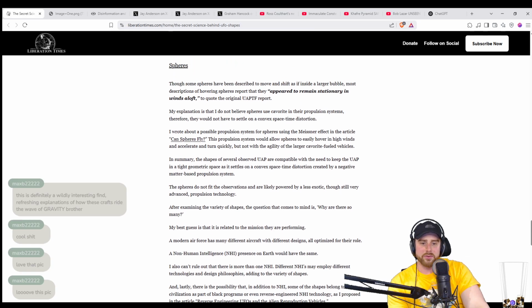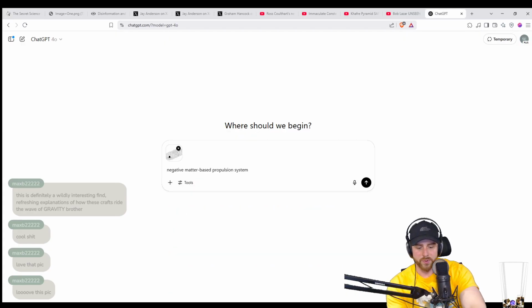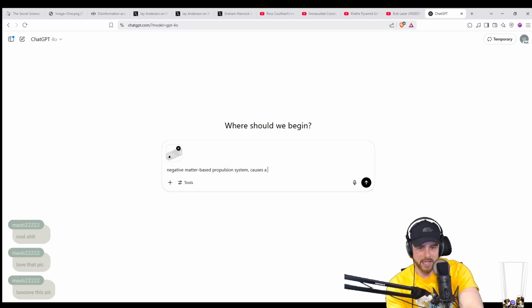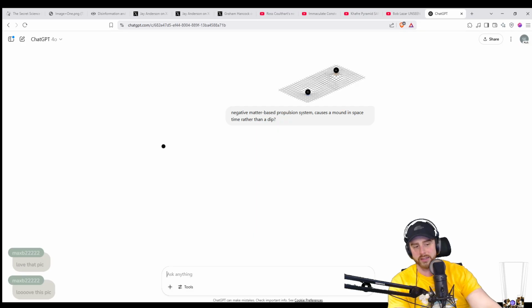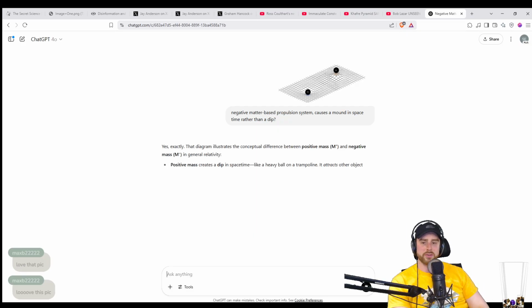A negative matter-based propulsion system causes a mound in space-time rather than a dip. Is this theoretical? Do we know if we had enough energy we could do this? That's very interesting.